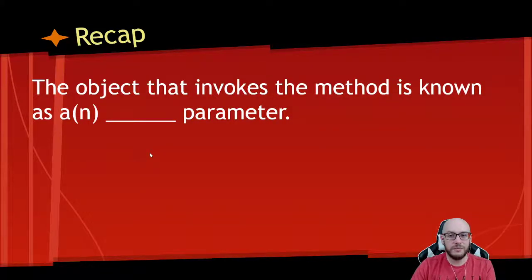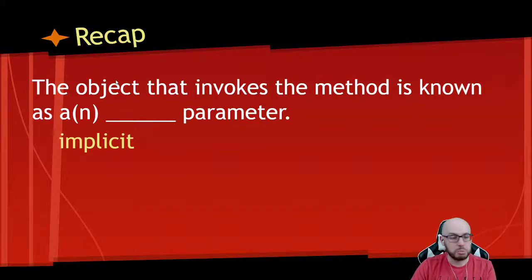The object that invokes the method is known as a blank parameter. That's going to be an implicit parameter. Notice here it says object, the object that invokes the method, right? I could have said the variable that invokes the method, but that seems to imply that primitive data types could invoke a method, and they can't, right?